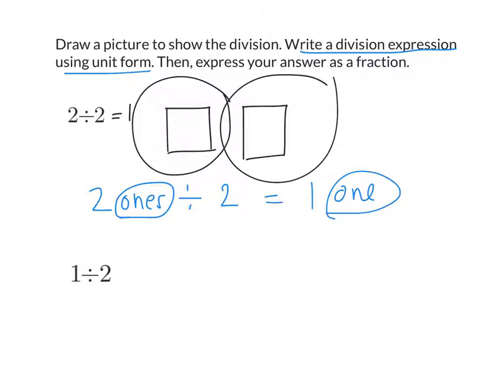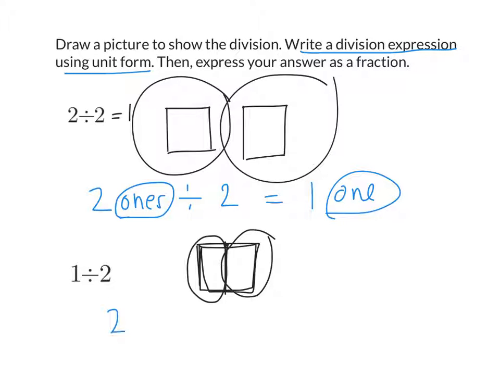Now let's try that again, but this time it's a little bit different. We want to do 1 divided by 2. So this time I only have 1 unit to begin with. Okay, but I want to split it in half. So this would be 1/2, and this would be 1/2. Do you agree? Now if I want to write it in unit form, I still have 2 of something. But what do I have this time? I have 2 halves. And here's how you spell halves.